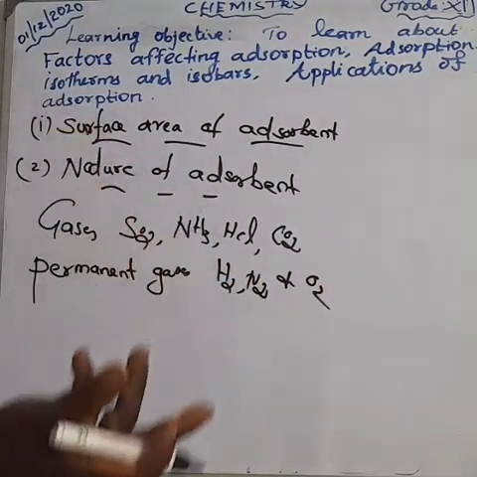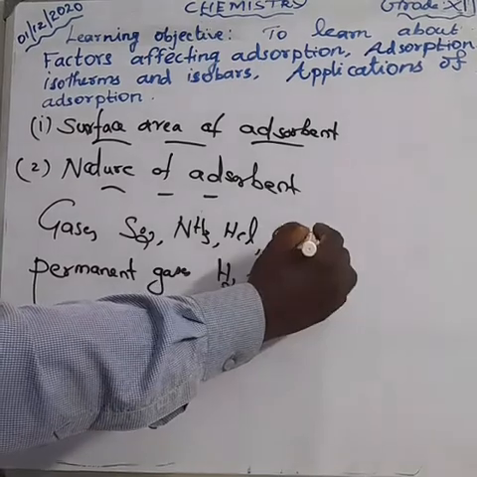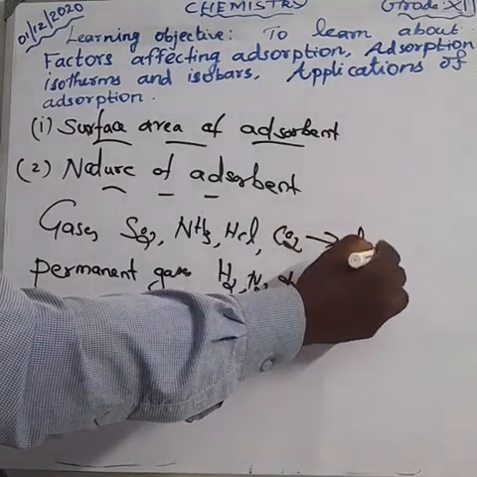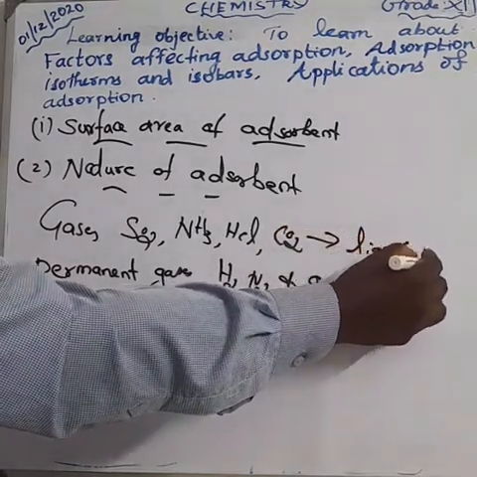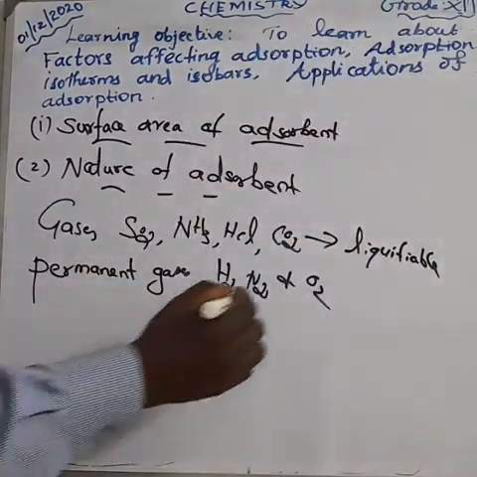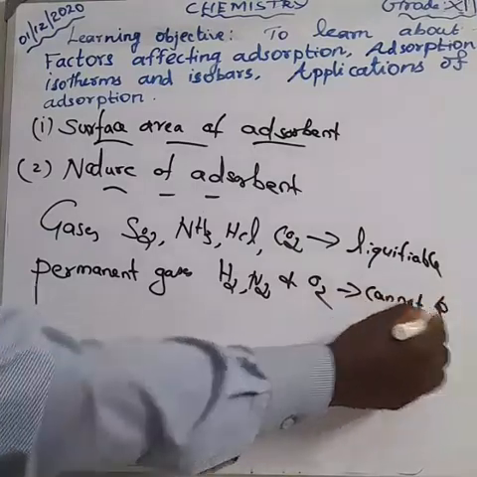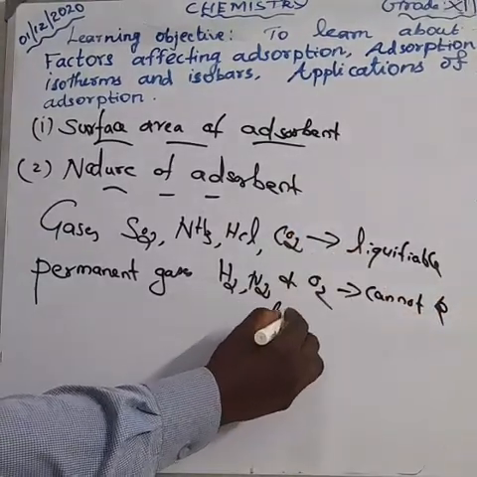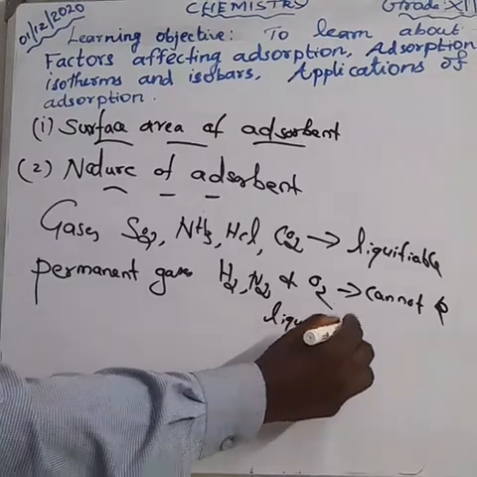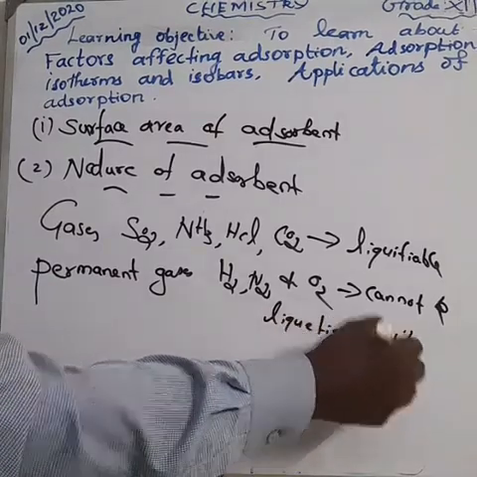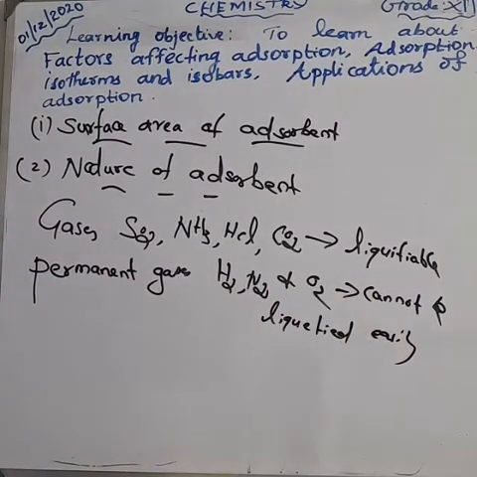The permanent gases cannot be liquefied easily. Gases like sulfur dioxide, ammonia, HCl, hydrochloric acid and carbon dioxide are easily liquefiable.